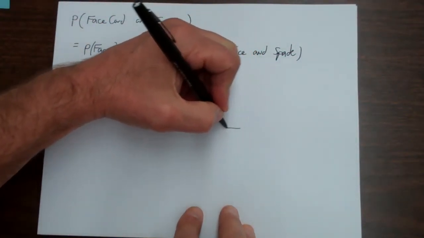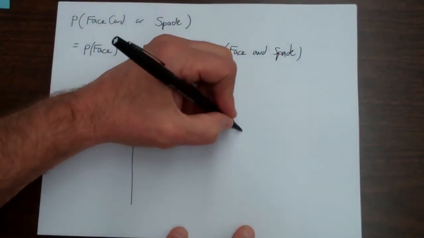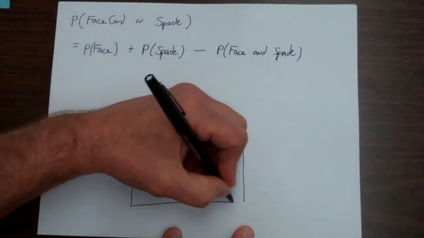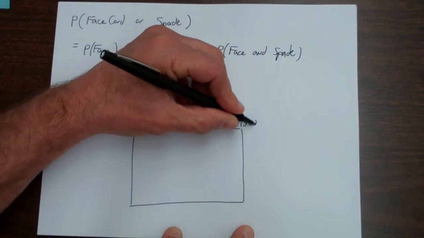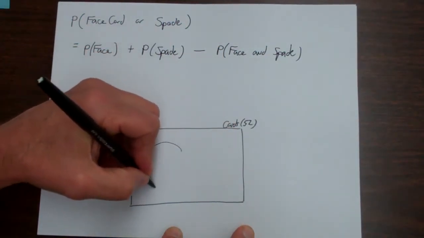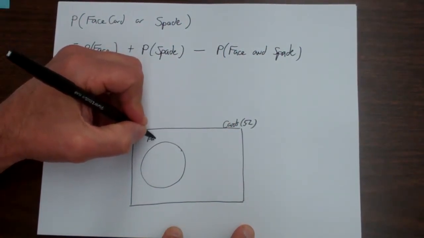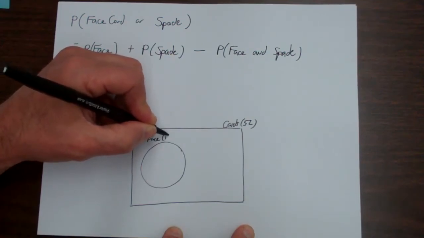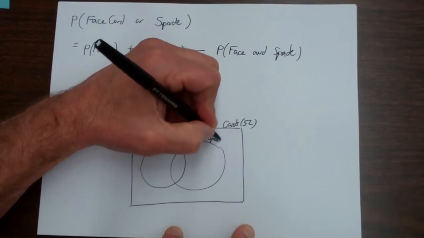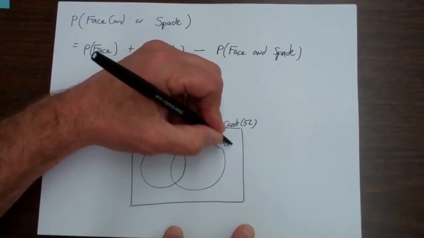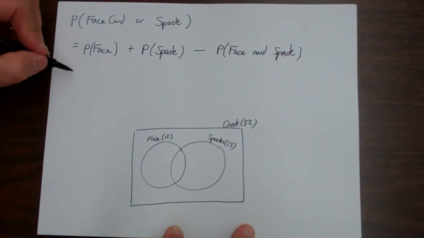You can see this with a Venn diagram, though you can do it easily enough without one too. You have 52 cards. You have face cards, and that's 12. And then you have spades, which are 13. So that's easy enough.